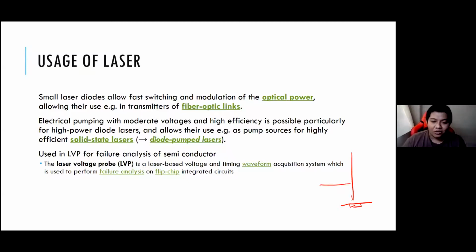So when it passes through the semiconductor, it changes this frequency, and we can know the rate of toggling of this semiconductor. This is what laser voltage probing devices do.